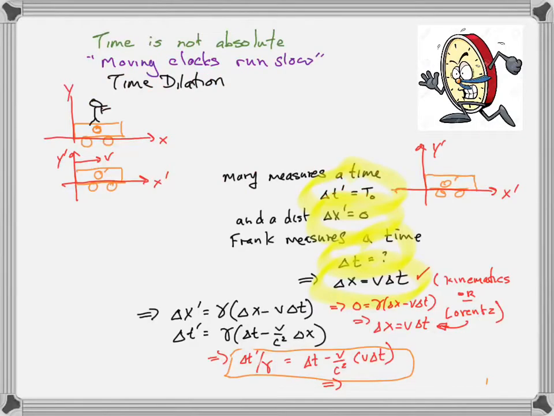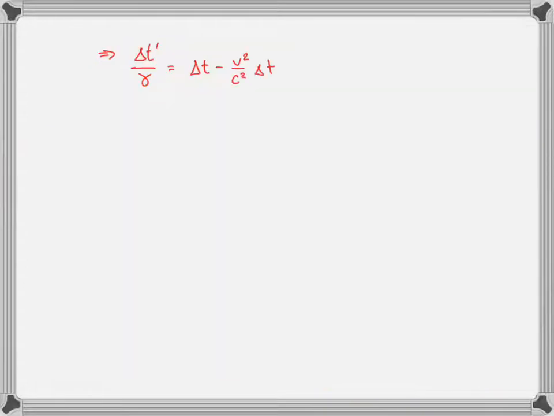We have now found that if we have a certain delta t prime measured in the frame of reference in which the axis moves with the frame, delta x prime equals 0 and delta t prime is measured, we wanted to find the relationship between delta t and delta t prime, and we have done that here.